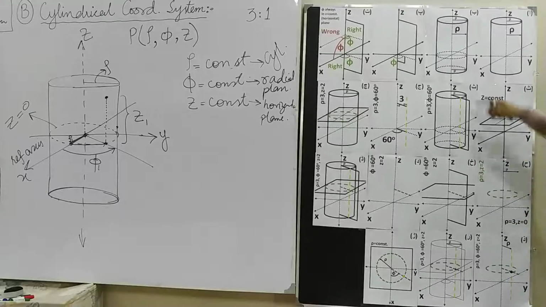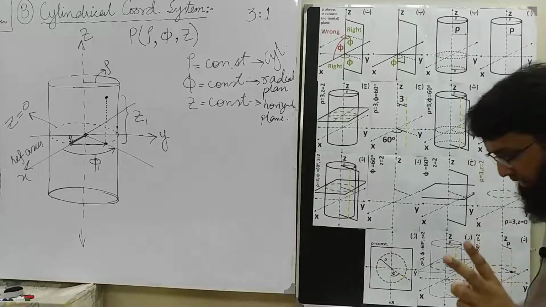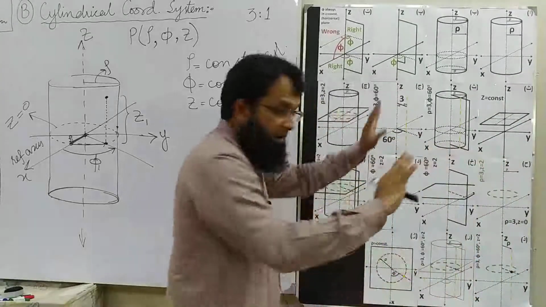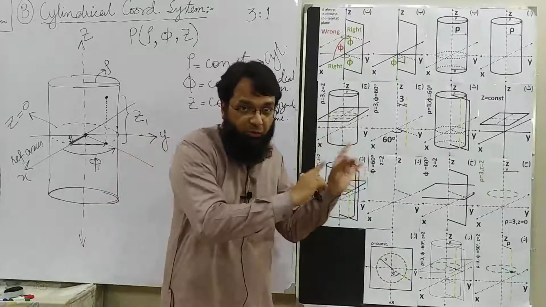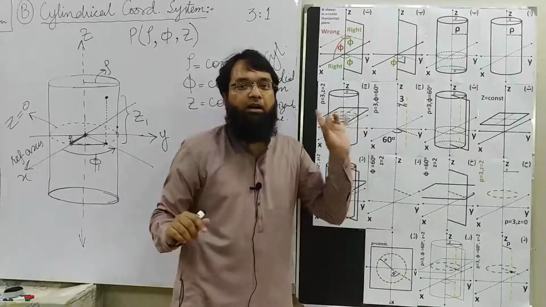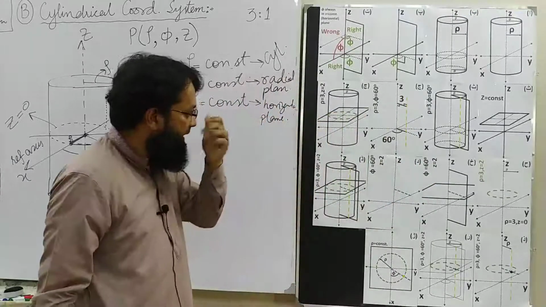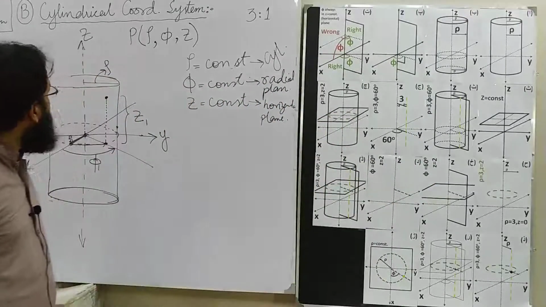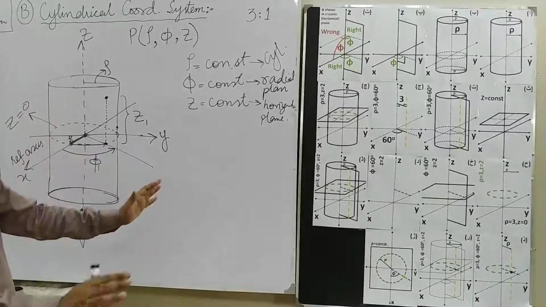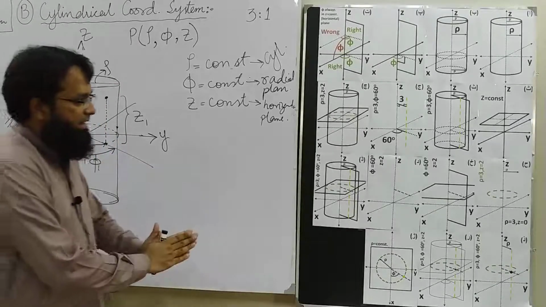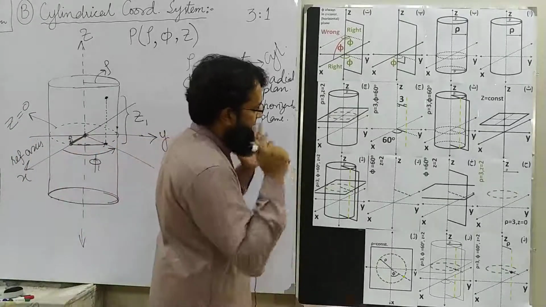Vertical lines are not fundamental shapes, so they must be defined in terms of fundamental shapes, and you will say that vertical lines in a cylindrical coordinate system are nothing but the intersection of a cylinder and a radial plane.